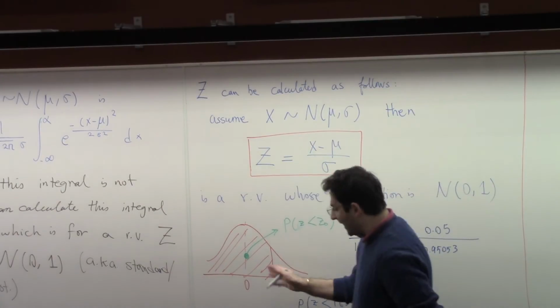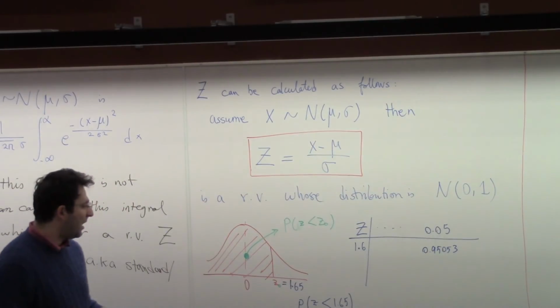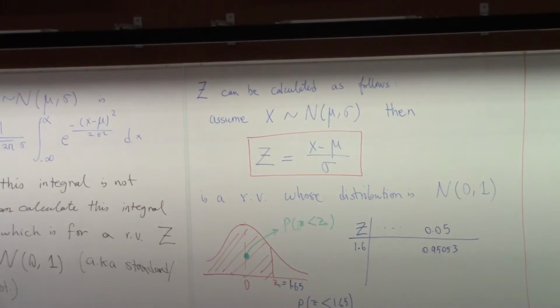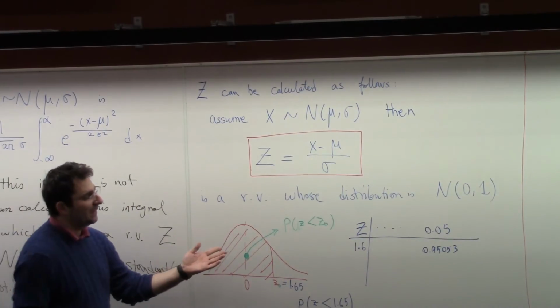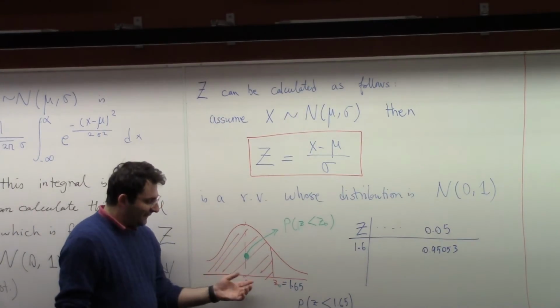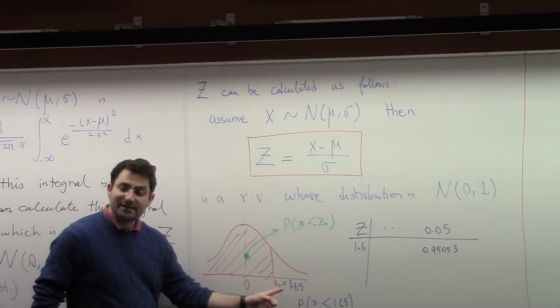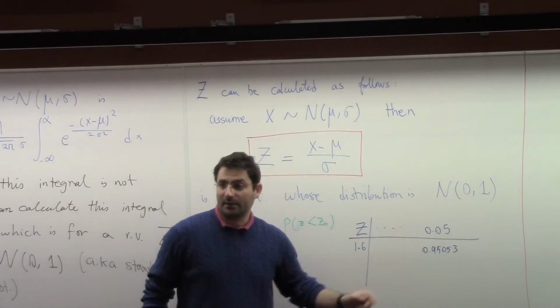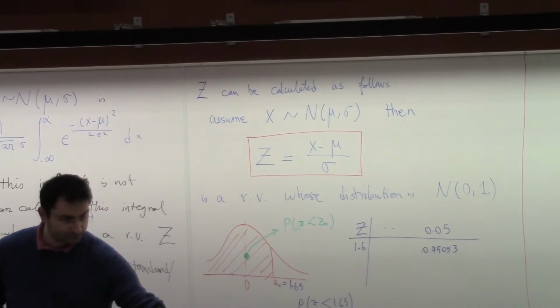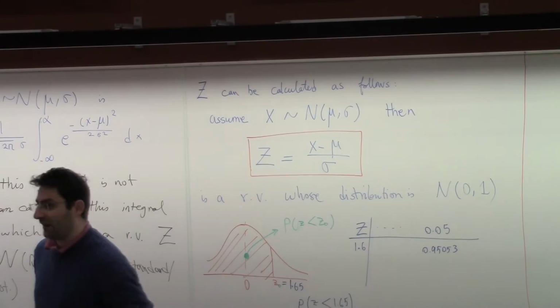So this means that the area underneath this curve, which is the standard normal distribution, for z from minus infinity to 1.65 is this number. So this is how we look at it.